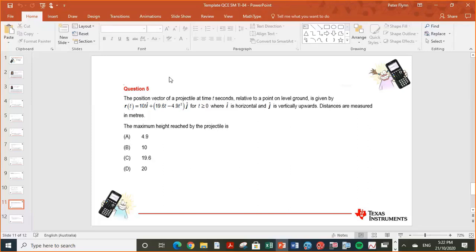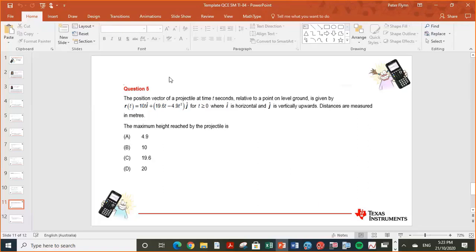So therefore you get y as a function of x being a quadratic, and so therefore we expect to see a parabola if we were indeed to plot the path of the projectile.